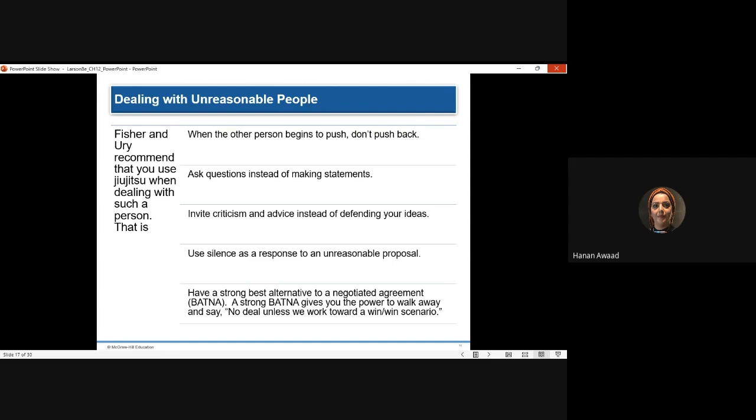Also, we need some positive criticism. So share your idea and ask them what they see based on their experience. What do you think if we do X, Y, Z? Is this the only way that we can solve this? Maybe we can have another option.